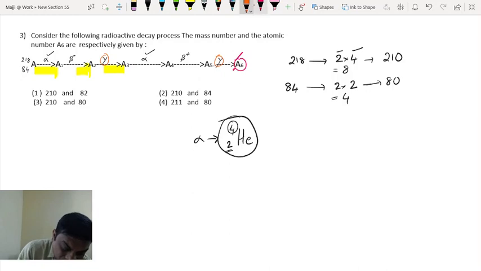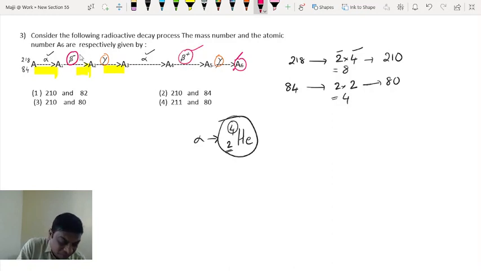Now coming to the beta decay, there is a negative beta decay and there is a positive beta decay. Normal beta decay is assumed to be a negative beta decay. In a negative beta decay, the atomic number increases by 1, whereas in a positive beta decay the atomic number decreases by 1, and there is no change in the mass number whatsoever.